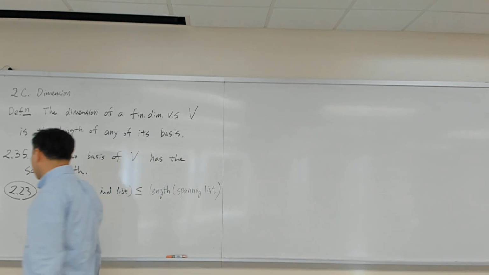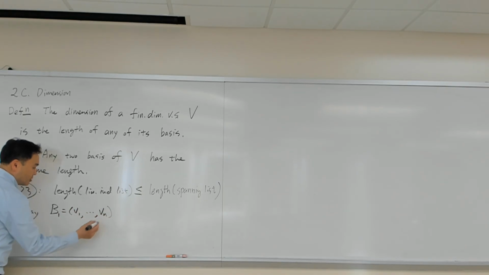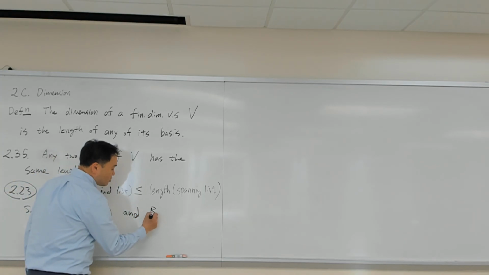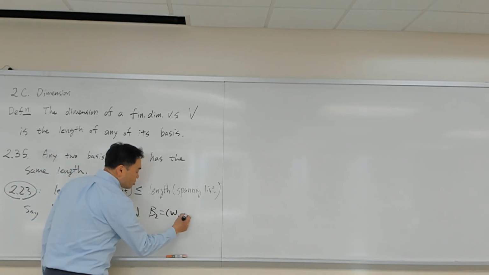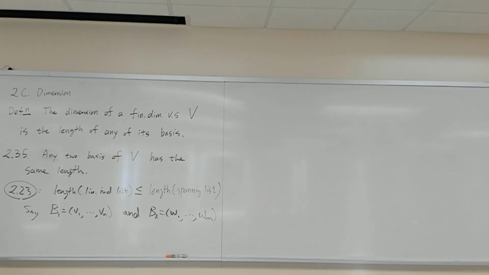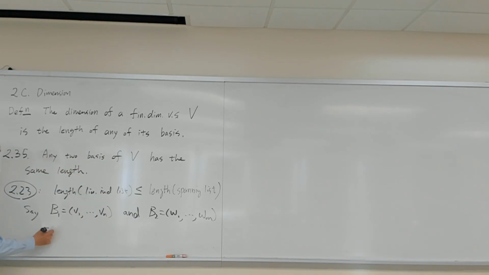So let's say B1, which is V1 through Vn, and B2, which is W1 through Wm. We don't know if n and m are the same. n is the length of this one and m is the length of this one. Both are bases.